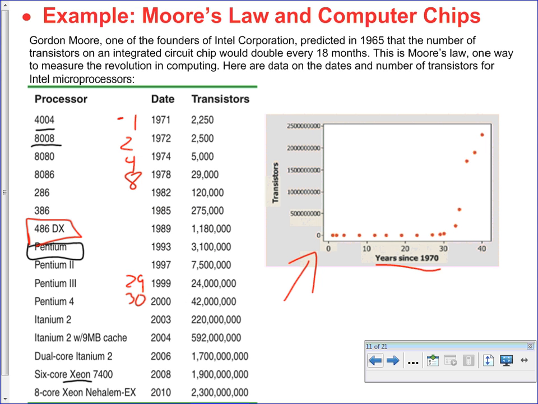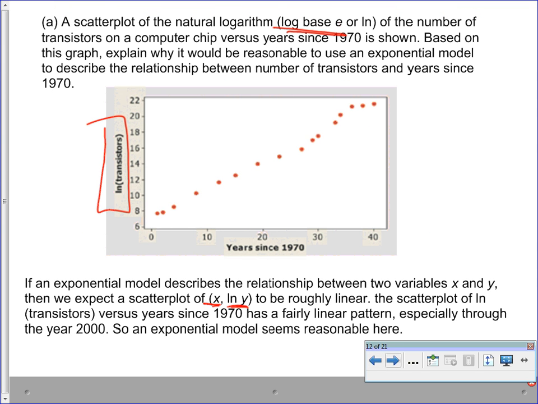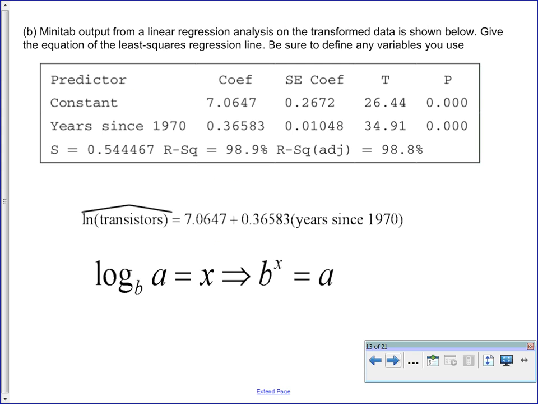How you would do this in your calculator is you would put the data in L2, and then in L3 you would ask it to take the natural log of L2. And then you could plot it very easily, and then you would do the LSRL, where your x list is L1, but your y list is L3. And if we do that, we get this equation.